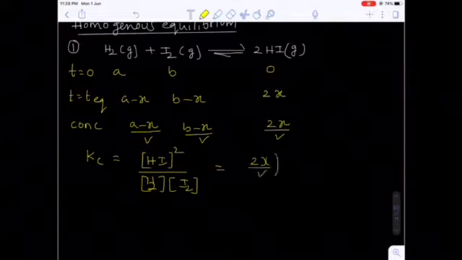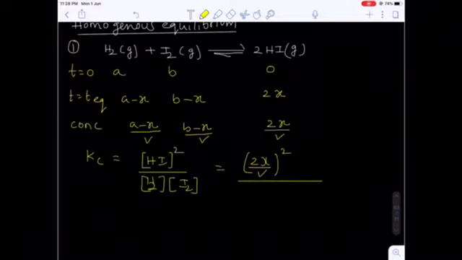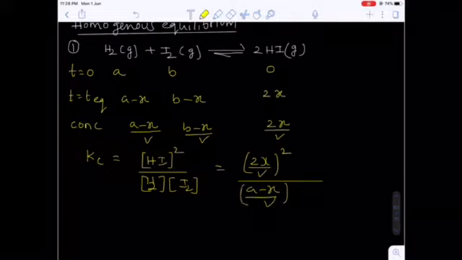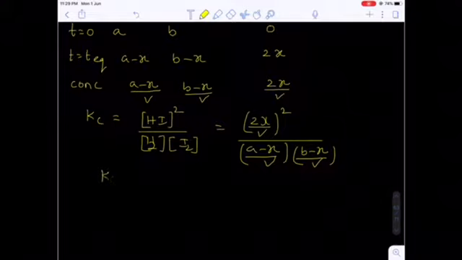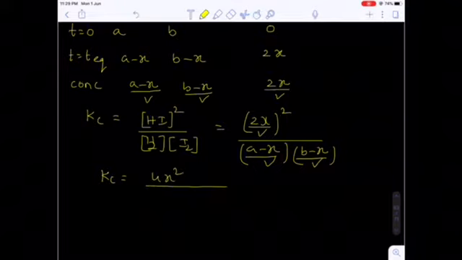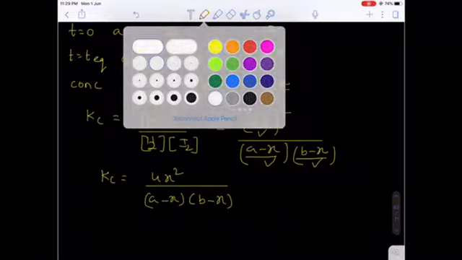Here, 2x by V is the concentration of HI, whole square, divided by (a minus x) by V into (b minus x) by V. Now Kc is equal to 4x square upon (a minus x) into (b minus x).